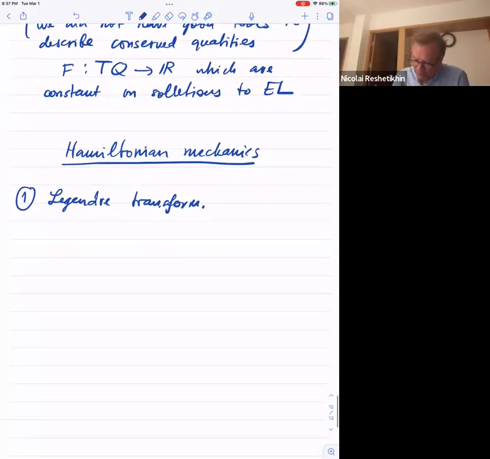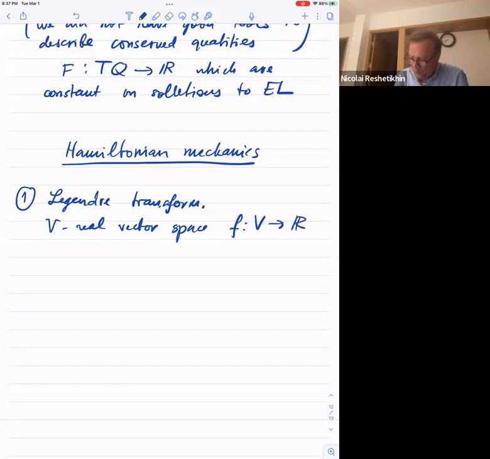So the Legendre transform. Let V be a real vector space, and f a function on this vector space.